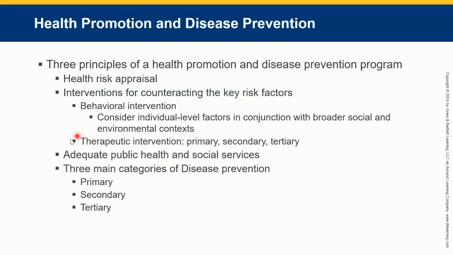So let's come here to the 3 main categories of disease prevention. You've probably learned this before, but certainly something you'll see on your certification exam. Primary, secondary, and tertiary. Primary, P for preventing the development of the disease, like smoking cessation.